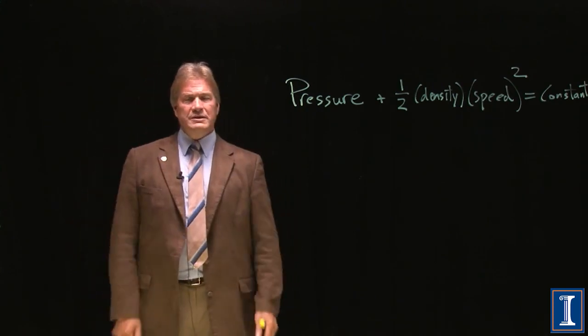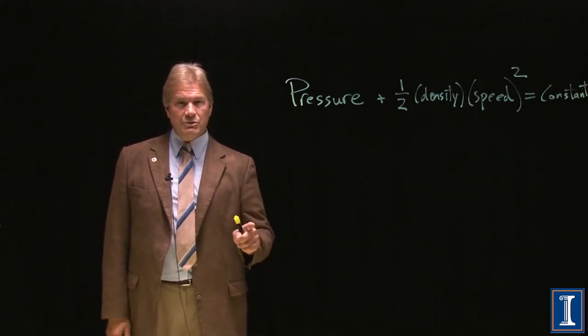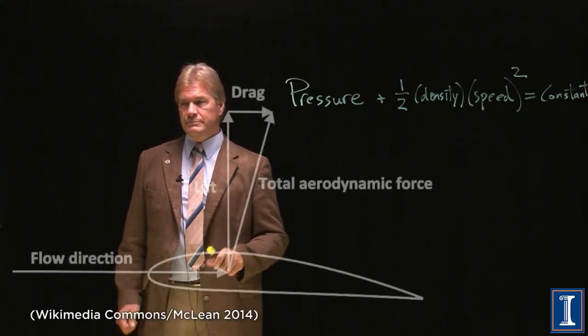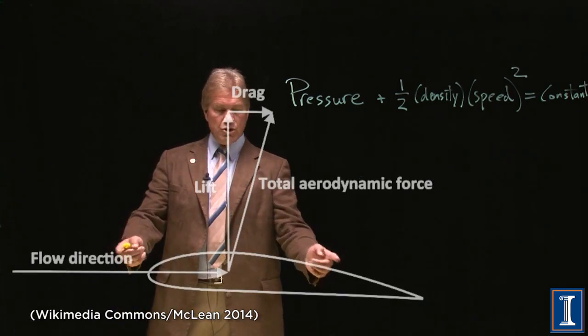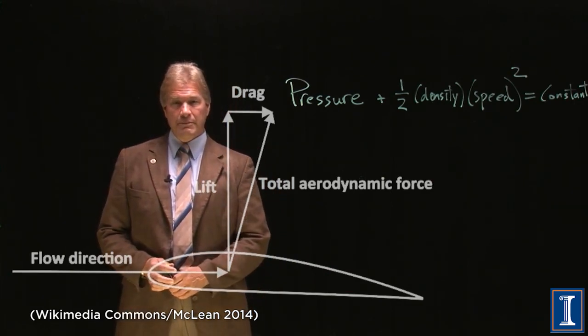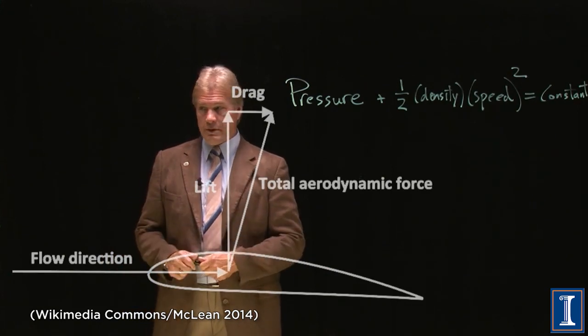So what does this have to do with flying an airplane? Let me show you the cross-section of the wing on an airplane. You notice that it's curved on the top and flatter on the bottom. So let's think about the flow of the wind around this.